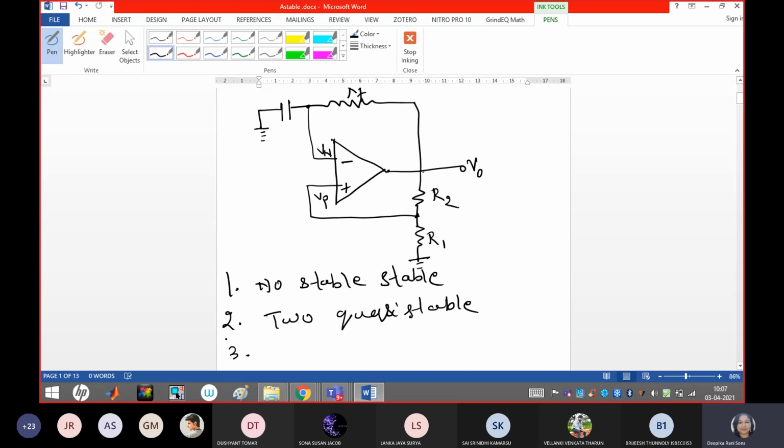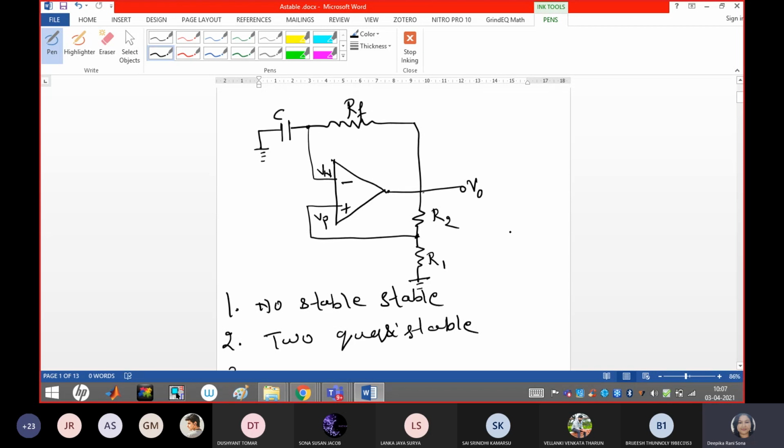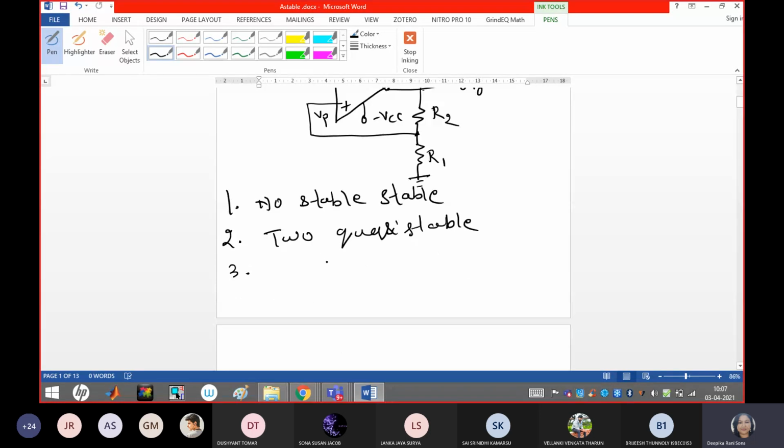The third point is that it doesn't require any external triggering pulse to generate the output waveform. In this circuit, you can see there is no Vin supply. If you look properly, there is no Vin supply. So that is one more point: there is no external triggering pulse.